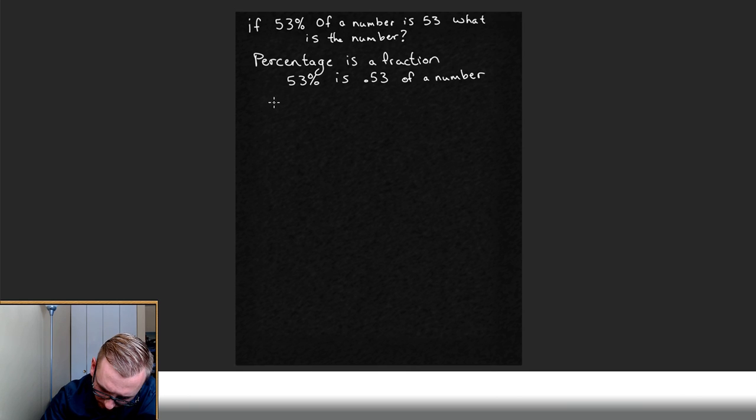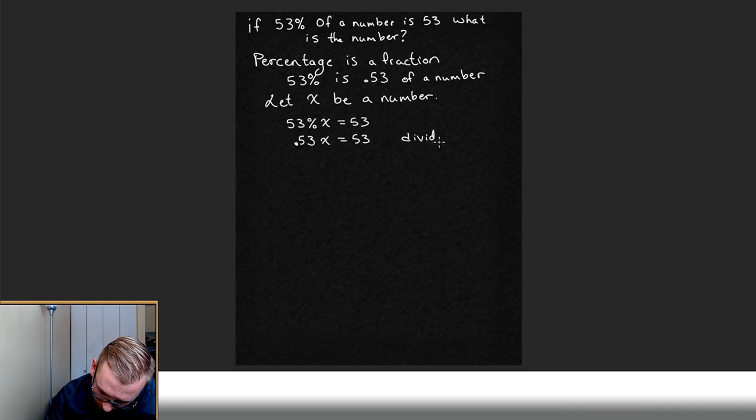So let x be a number. Then 53% times x is equal to 53. 53% is 0.53 times x is equal to 53. x equals 53 over 0.53, which equals 100.